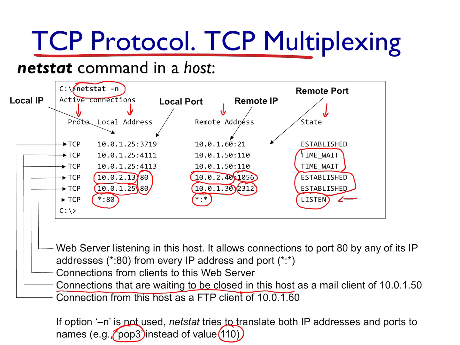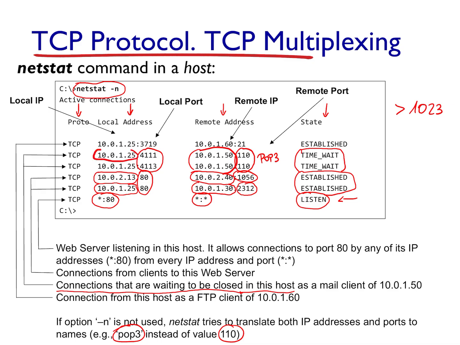Now we can see that in my local machine we have port numbers above 1023. So it means that in this case I'm not acting as a server, but as a client. A client of what? A client of a POP3 server. And this server has this IP address.